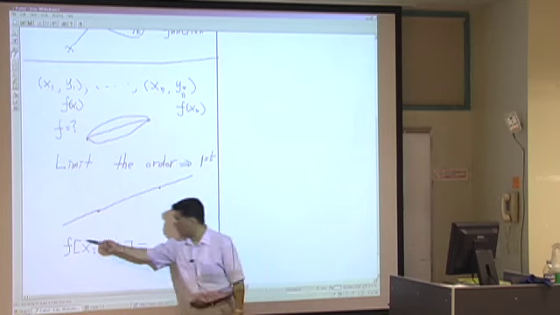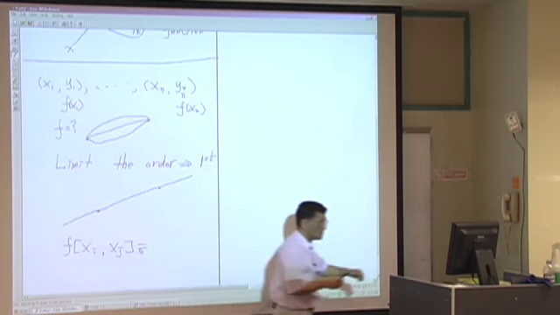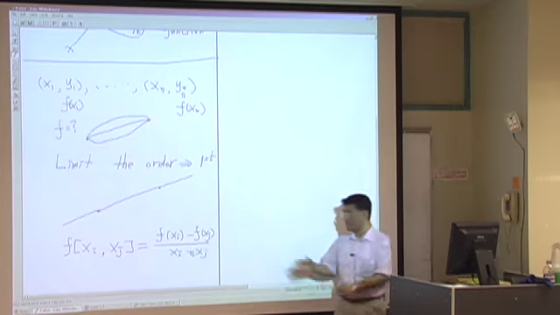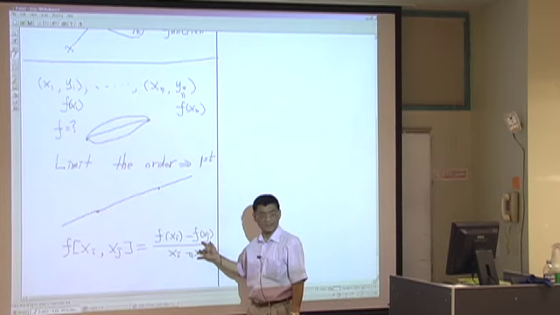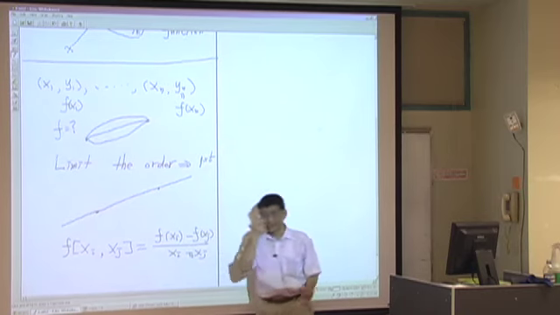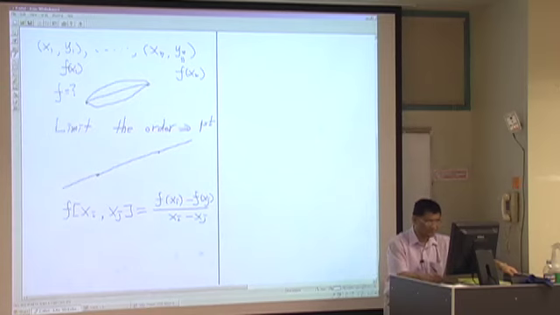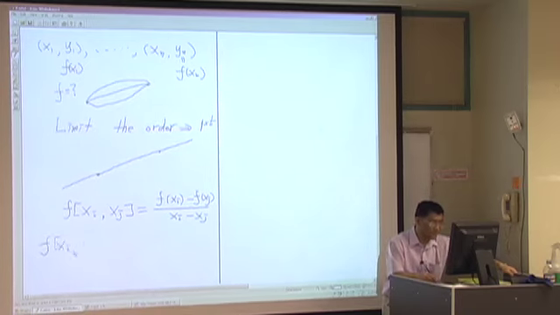So it's bracket notation, and this notation is given this way: f of xi minus f of xj, over xi minus xj. So he defined this thing. And he defined the ijk thing. 3 things are used.